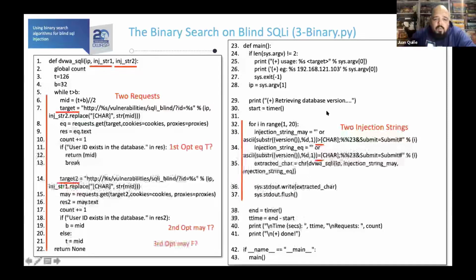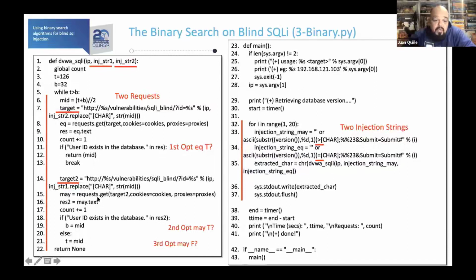The first one takes me to the first option, where the middle character I am asking about is exactly what the data gives me as a true answer. So I will keep the middle one. And the second query will give me a greater than or a lower than.